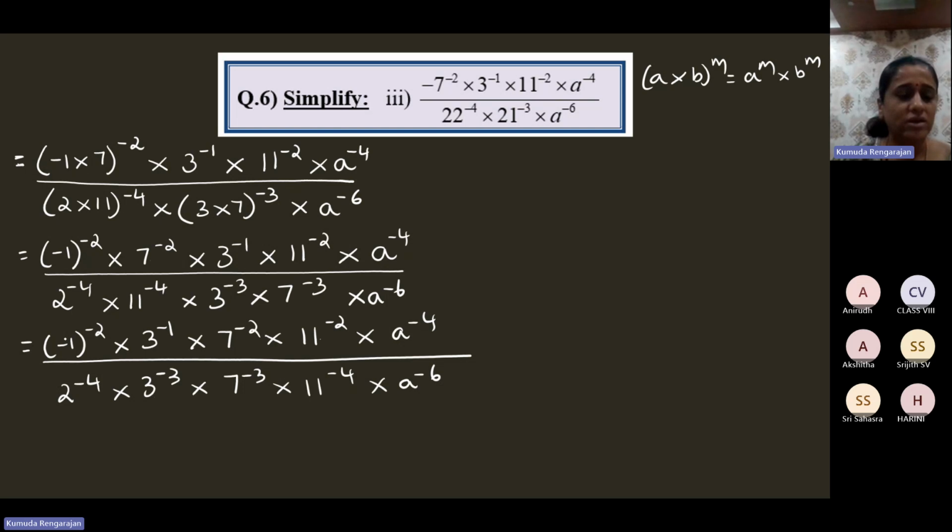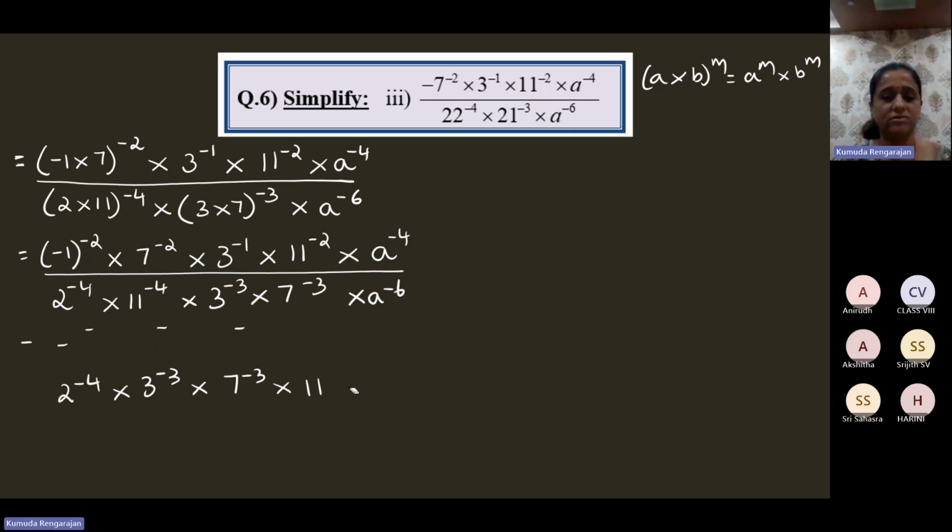Apart from that, we have minus 1, the whole power minus 2, and 2 to the power minus 4. You can also write the step like this.